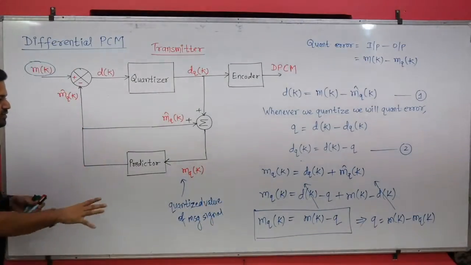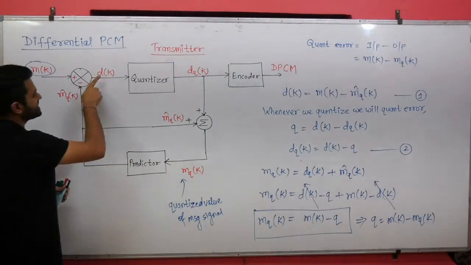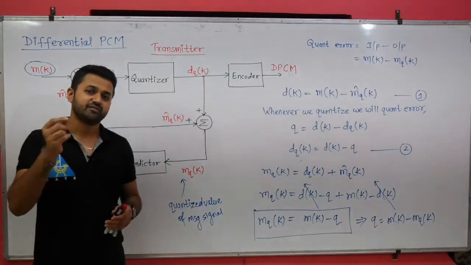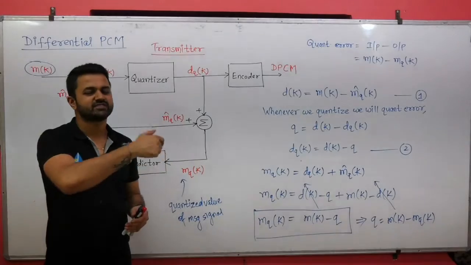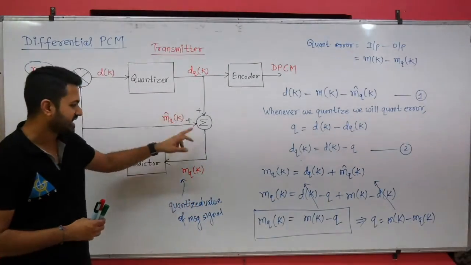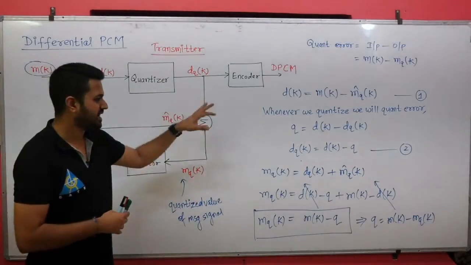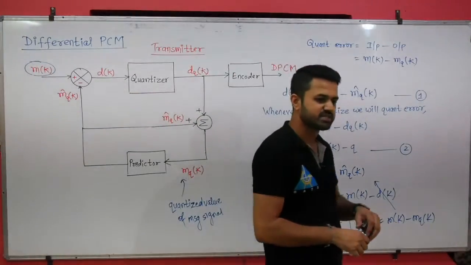But in this particular diagram it is not the case, because at the quantizer input we are giving the difference signal, so you will get the quantized version of the difference signal, but the actual message signal's quantized version you will get at this point. So this is just the basic explanation of this block diagram. The principle we have already discussed.